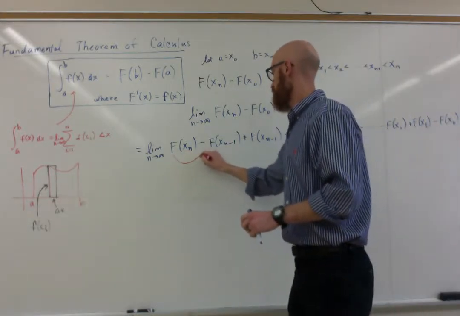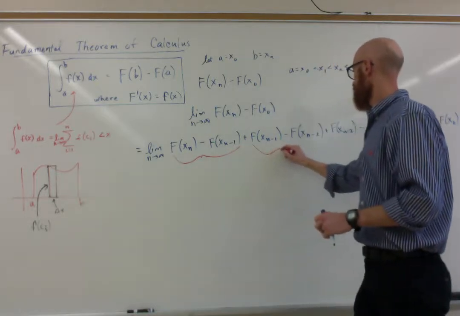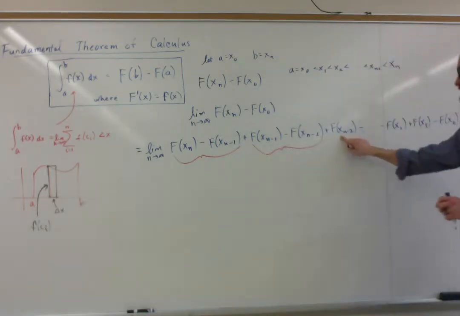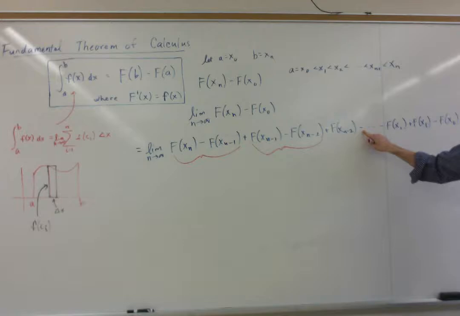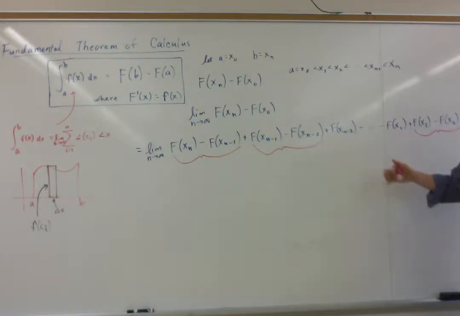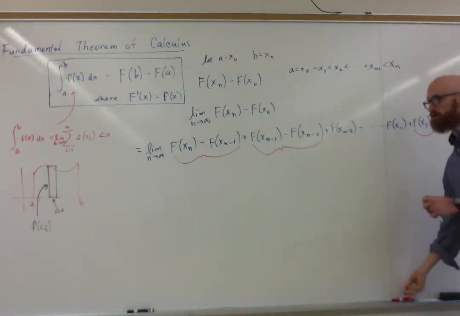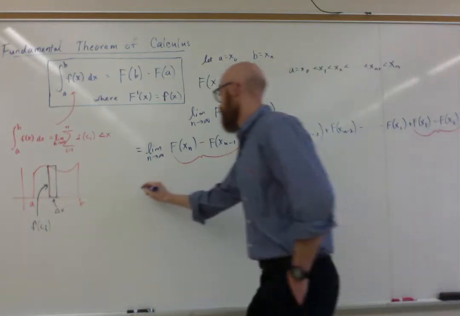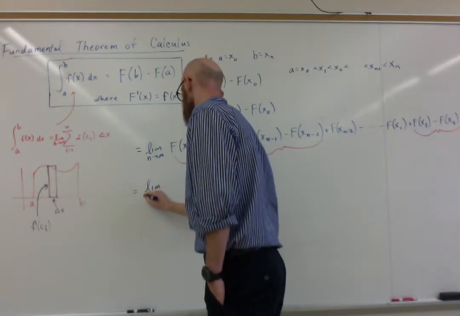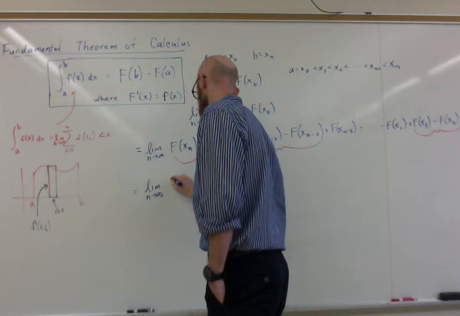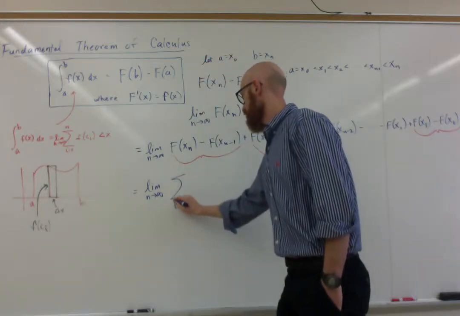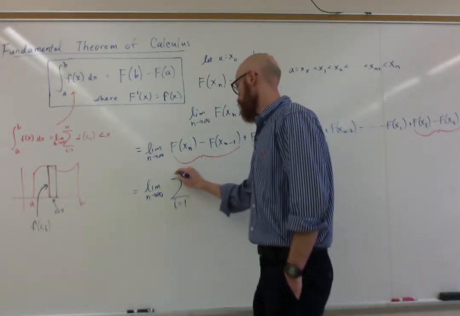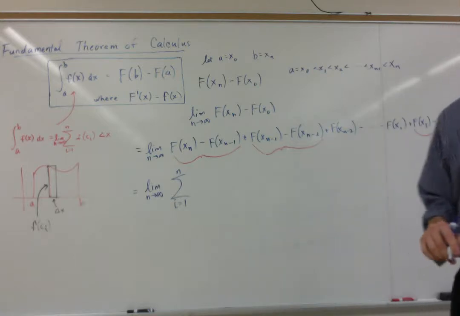And now I'm going to change the way that you view those differences. Look at these two terms and these two terms. And this guy does have a partner, but it's listed in my dot dot dots. I couldn't write all of them out, obviously. And then these two have a partner. And again, f of x sub 1 has a partner that's included in the dot dot dot, or the ellipsis. So we end up with the sum that we can now write in terms of a sigma.